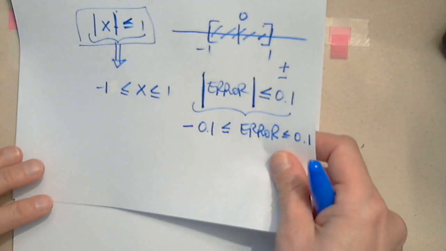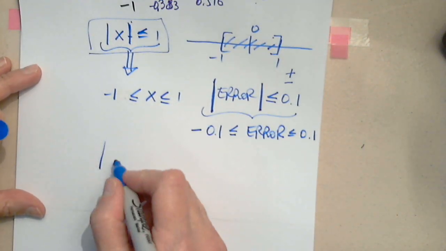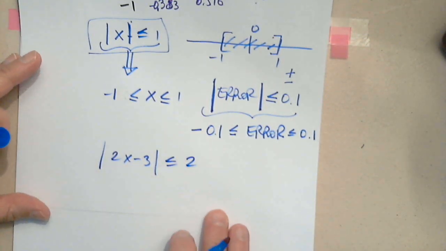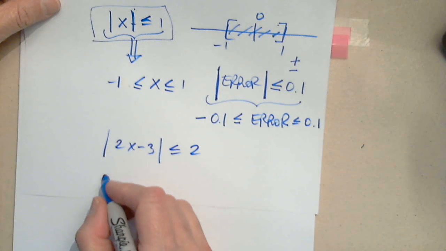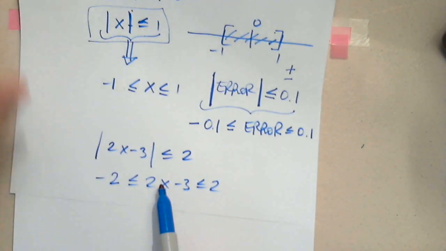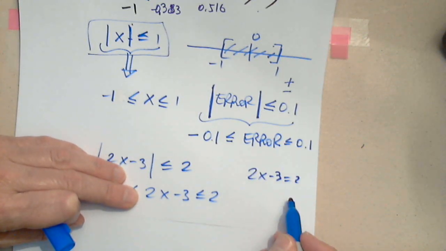Very good question. So if you ask me to solve the inequality, the absolute value of 2x minus 3 less than or equal to 2, let's say, then I will write negative 2 less than or equal to 2x minus 3 less than or equal to 2. I don't have to take this on the side and solve for x.